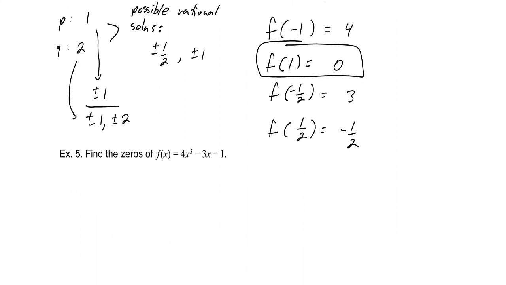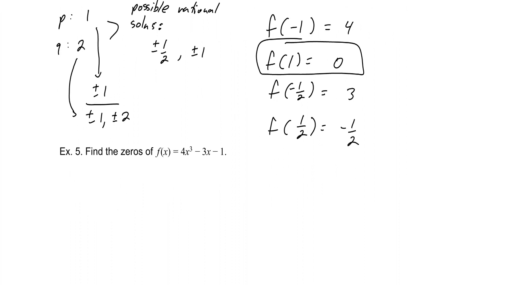All right, example 5, find the zeros of this function. With any luck, one of these will actually have a remainder of 0 and be able to factor. All right, so our p is minus 1 and our q is 4. So our factors are plus or minus 1, plus or minus 1, plus or minus 2, plus or minus 4.